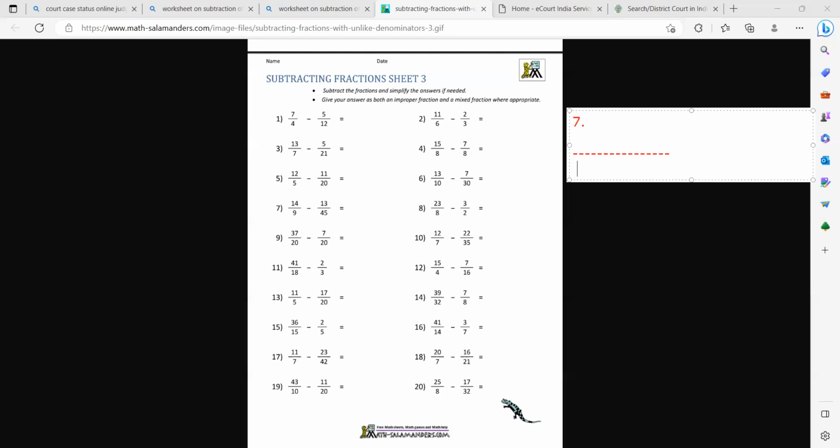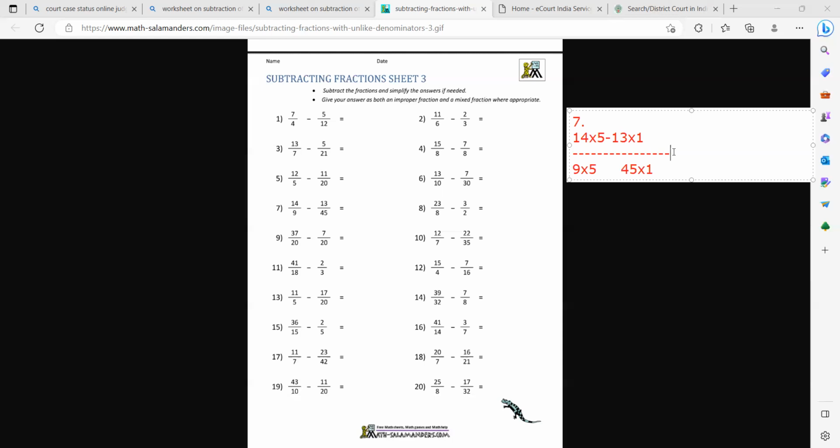So first what we need to do, 9 into 5 is 45 and we have 45 into 1. So what we need to do, 14 into 5, we need to find out how much? Minus we have to do 13 into 1.